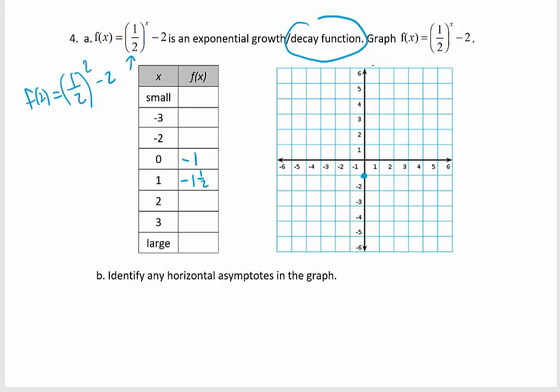So 1/4 minus 2 is going to give us negative 1 3/4. And if we put a 3 in there, we'll get 1/8 minus 2, which would give us negative 1 7/8. So you can see what's happening here. As we get larger, we keep getting closer and closer to this negative 2. And so that is going to be our asymptote line here.